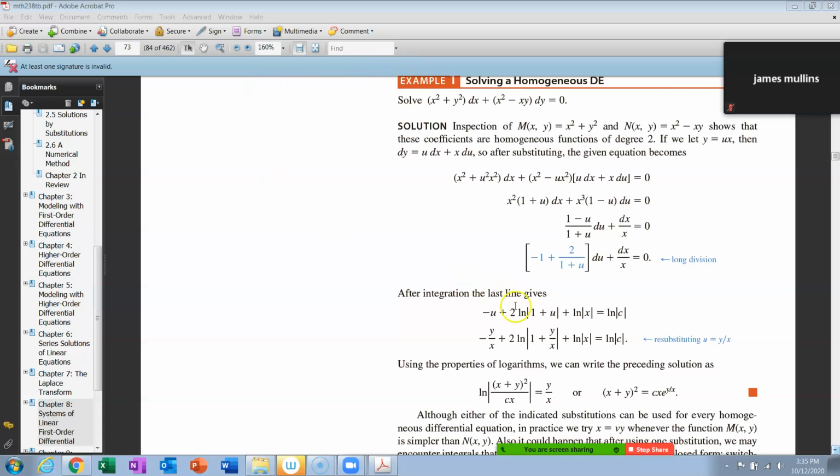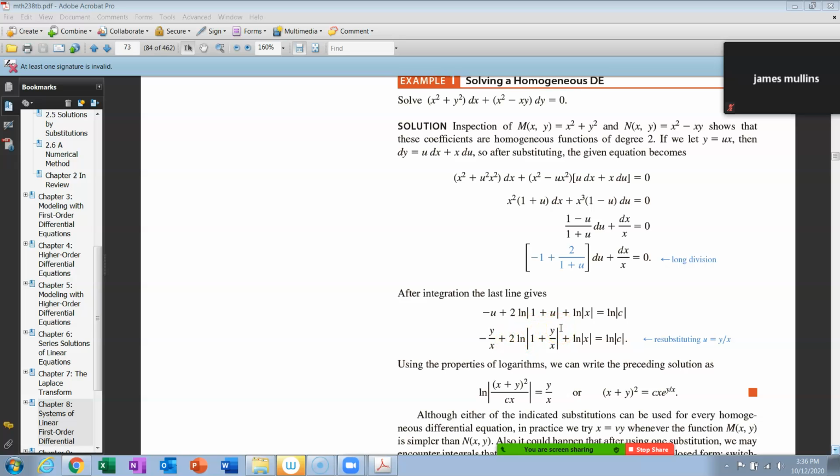Now here's the part that is not quite so obvious. You pull this up here, and that gives you log of x plus y over x, but the whole thing is squared because you move the 2 over here.